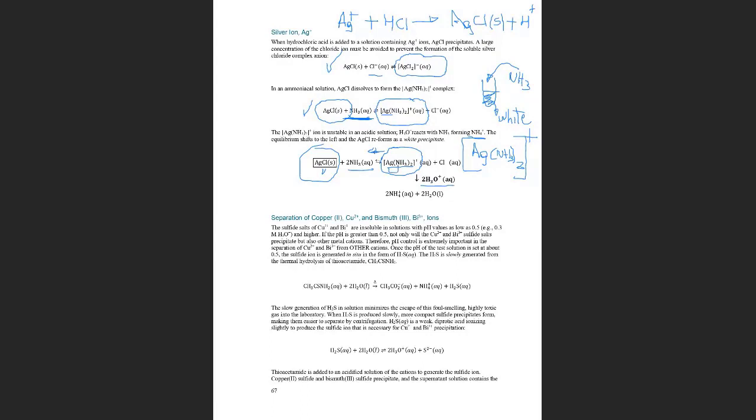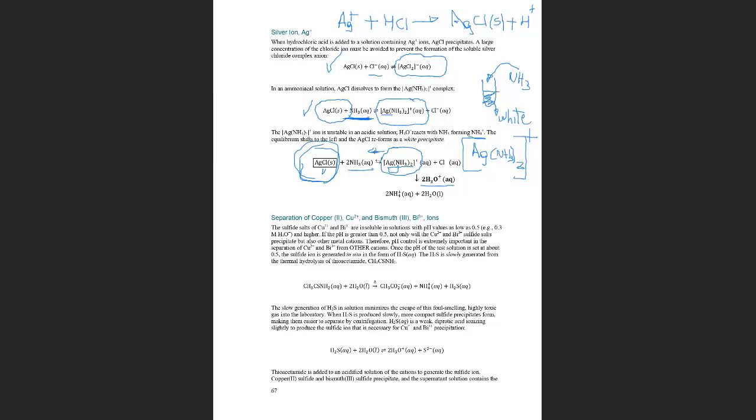So basically the acid is removing the ammonia, so we obtain the precipitate, the silver chloride, again. Okay. It's another confirmation test. And you are going to go over this, and all the reactions are written here in the procedure.